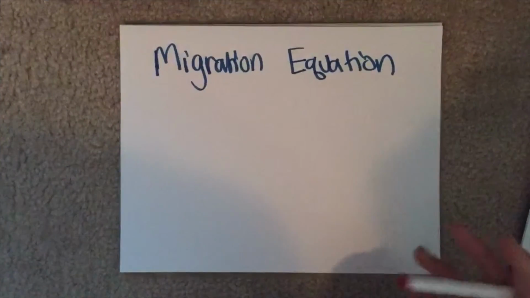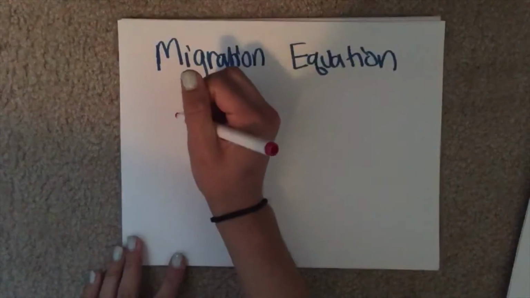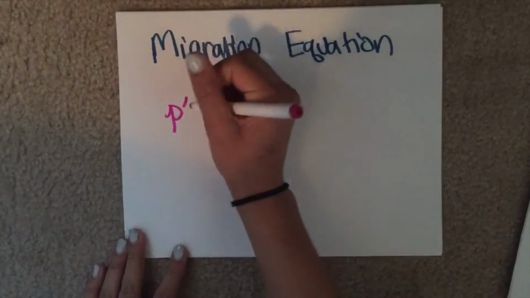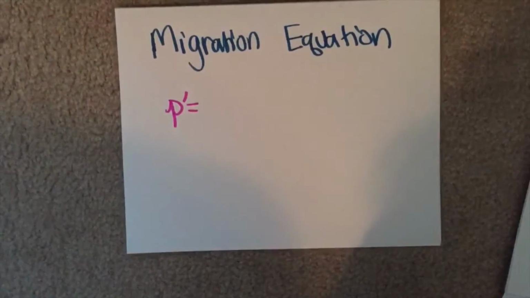There's one equation that you will use that will be helpful for solving migration problems, and that is to find P prime, which is the frequency of the allele that you're looking at after migration has occurred.